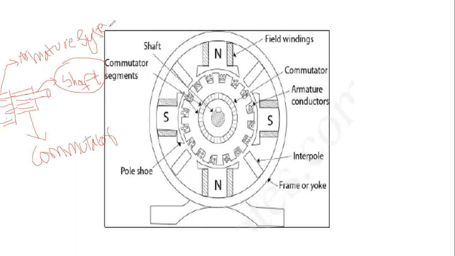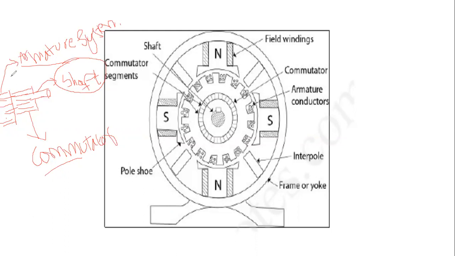The shaft is the rotating part of a DC machine. When the shaft is rotated, the commutator and the armature system are also rotated. Understand?